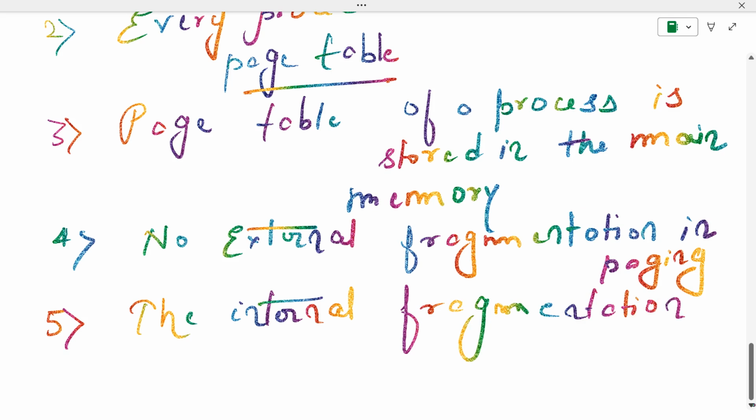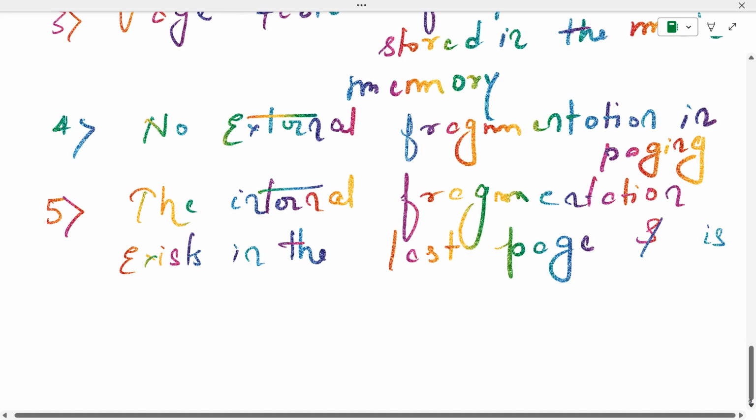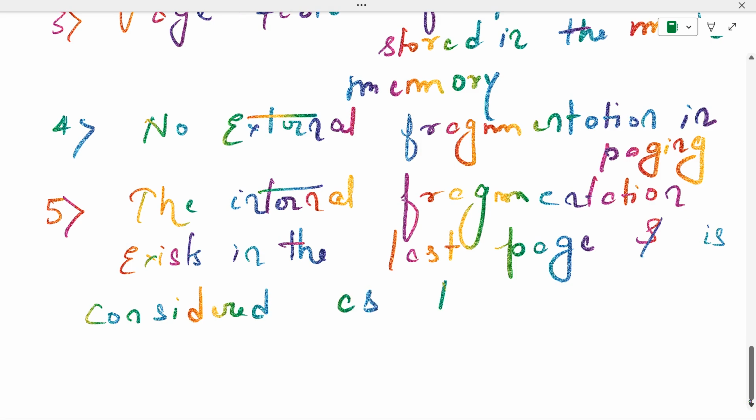It is considered as p by 2, where p is the page size.